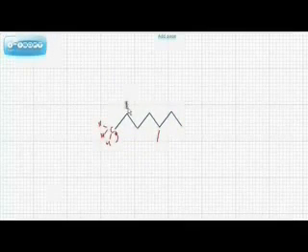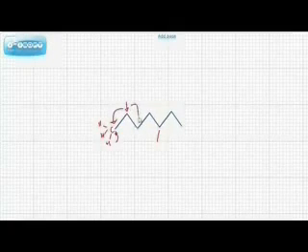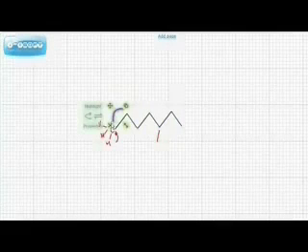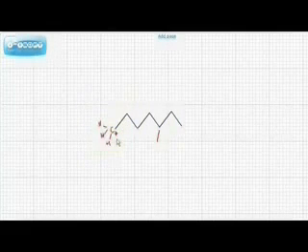This carbon here is bonded to this carbon here and this carbon here. So since 2 of their valence electrons are already accounted for in the 2 carbons that they're bonded to, secondary carbons always have 2 hydrogens implied.